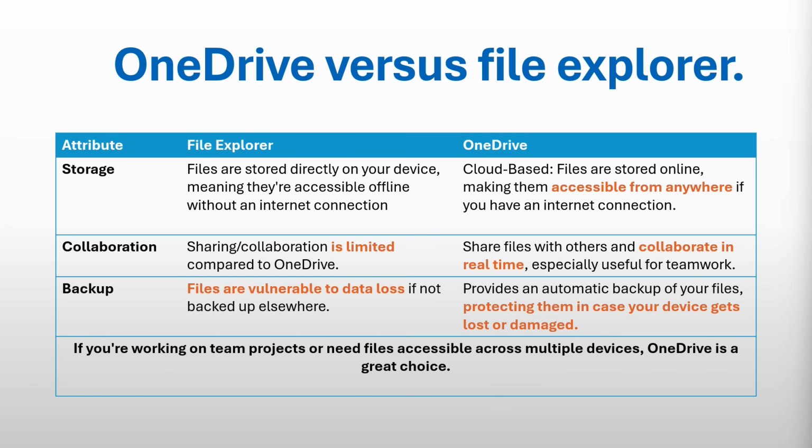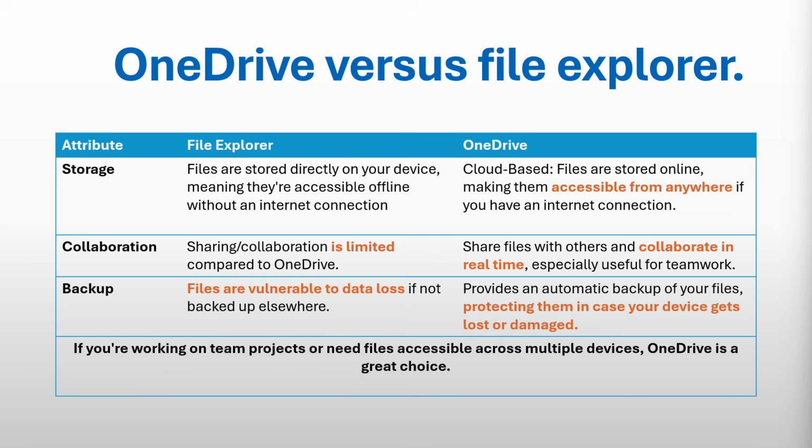In terms of backup, a major issue with working with files locally is that they're vulnerable to data loss. If the sprinklers go off, if you spill coffee on your computer, unless you have another backup solution in place, that can lead to a lot of money and a lot of downtime. With OneDrive, your files are automatically saved, they're automatically backed up.